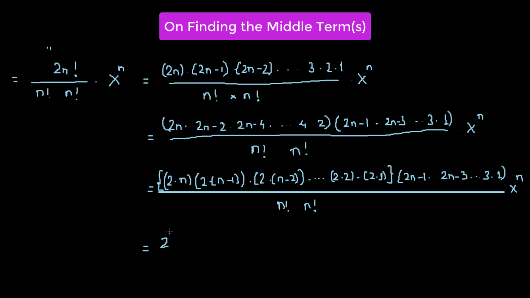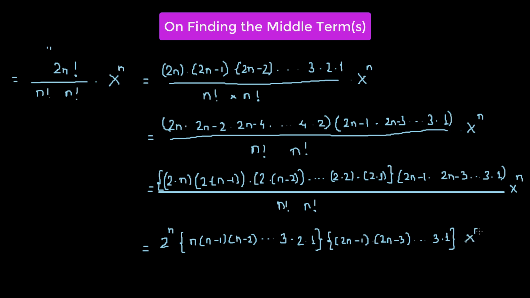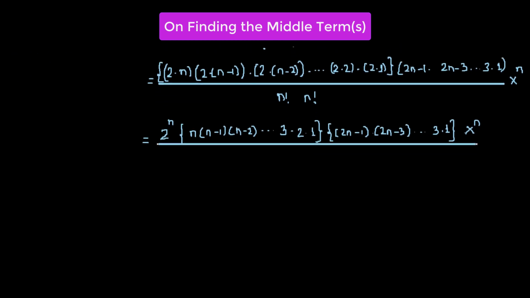So that can be written as 2 raised to the power of n, and what it leaves behind will be n, n minus 1, n minus 2, up to 3, 2, 1, and we have the remaining odd terms, which are 2n minus 1 times 2n minus 3, and 3 and 1, times x raised to the power of n, and the whole thing is divided by n factorial times n factorial.